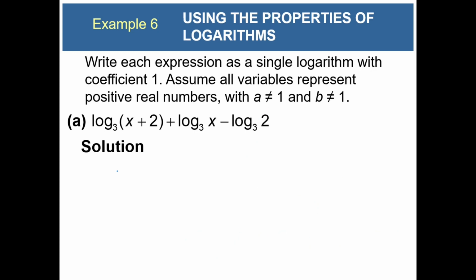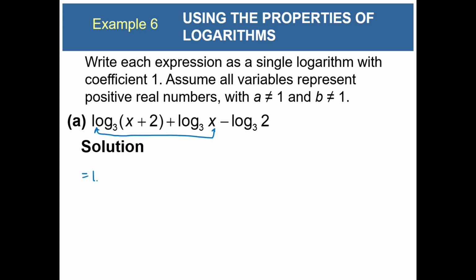Example 6, write each expression as a single logarithm with coefficient 1. Assume all variables represent positive real numbers with a not equal to 1 and b not equal to 1. So we'll start by looking at the expression and figuring out when we can use product rule, power rule, and quotient rule. Notice that in the first expression here, we have an addition sign, so we can use the product rule.